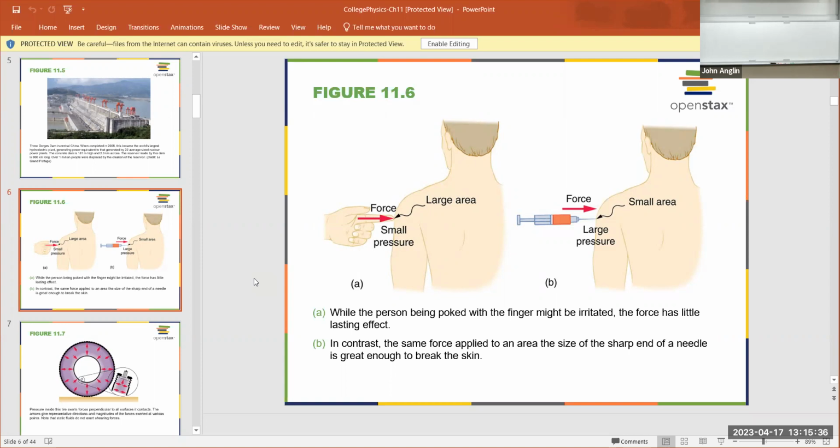Pressure is force per unit area. The place that you have heard of pressure before is typically when you go out to put air in your tires. Your owner's manual might recommend 32 psi for your tire pressure. That's pounds per square inch.